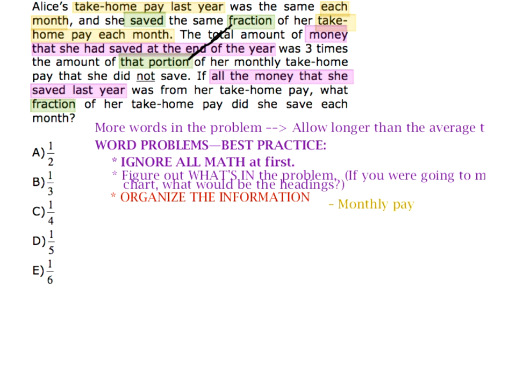So we just need to say monthly pay, fraction saved, and fraction not saved, which is 1 minus fraction saved. And then we have all the money saved. Okay, well that's not too bad.